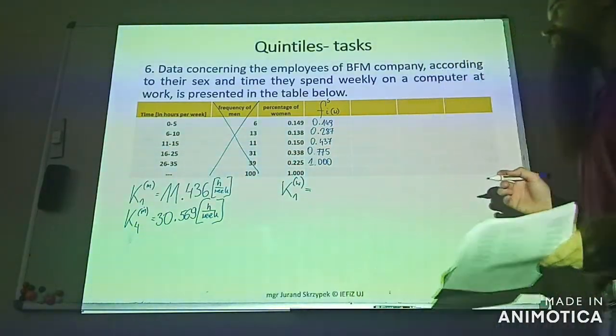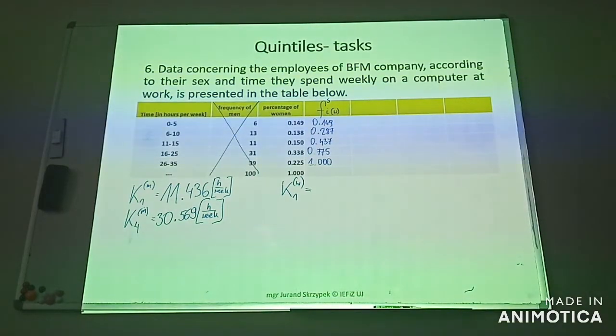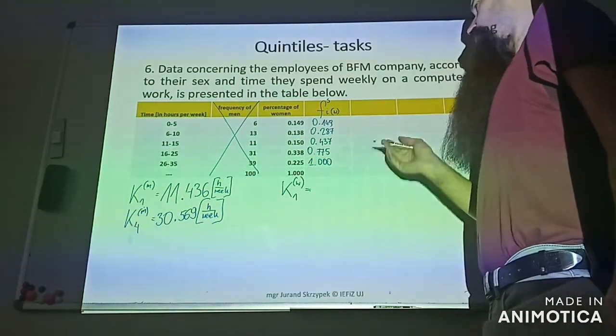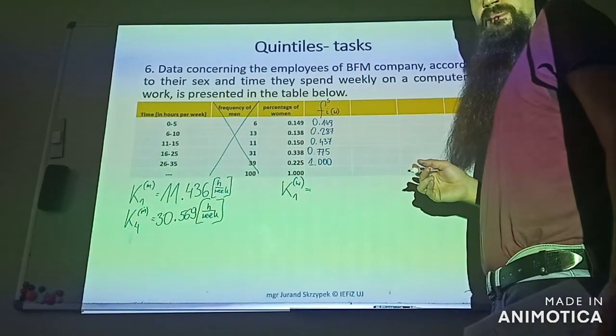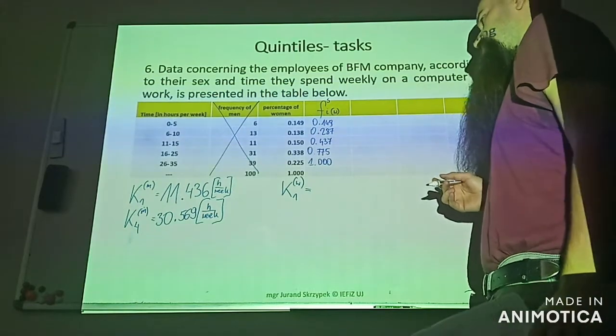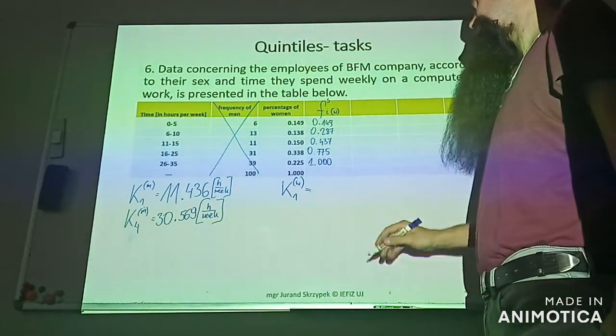First, we should determine the class of the first quintile in the group of women. So we are looking for the class in which the cumulative relative frequency exceeds 20% for the first time.